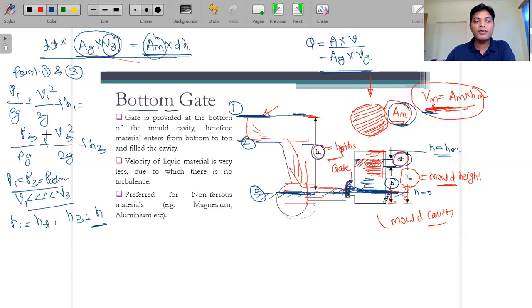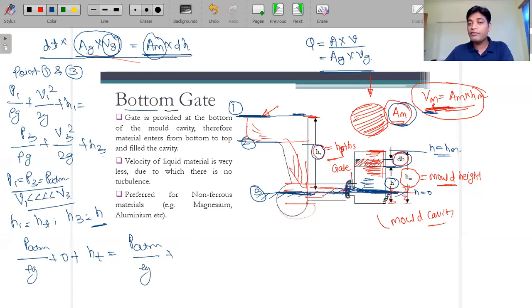So just put the value over here. When you put this value, this will be P atmospheric by rho g plus V1, that is very small, so that will be eliminated. H1, that is equal to HT, equals P3, that is P atmospheric by rho g plus V3, but here we are defining V3 as the velocity of the gate, so Vg square by 2g plus h3, that is equal to h.